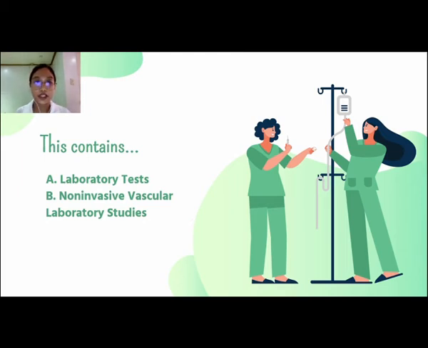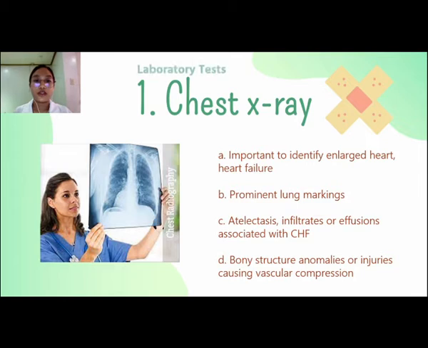So in the laboratory tests, number one is chest X-ray. This will identify enlarged heart or heart failure, and also prominent lung markings, atelectasis, and infiltrates or effusion associated with CHF, and also bony structure anomalies causing vascular compression.